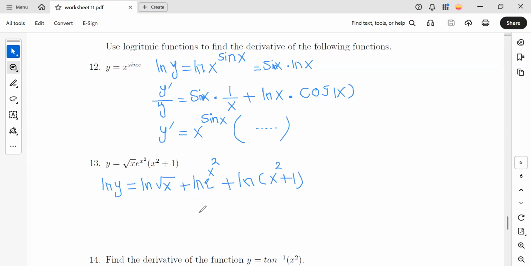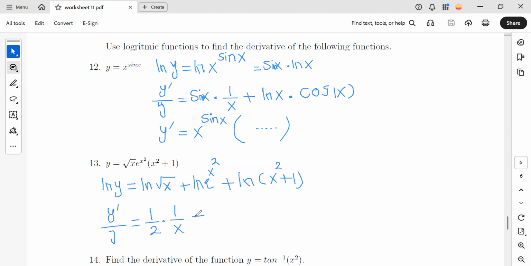Now, taking the derivative of ln is much easier. So we would write it as y prime over y. And for ln of square root of x, since we can rewrite it as ln of x to the power 1 over 2 and bring the power down, we can take the derivative of this one as 1 over 2 times 1 over x.